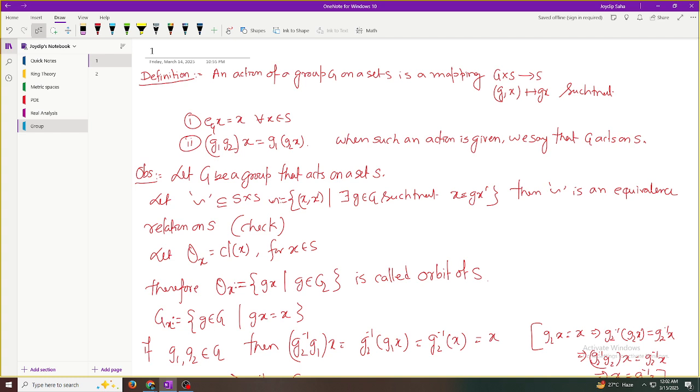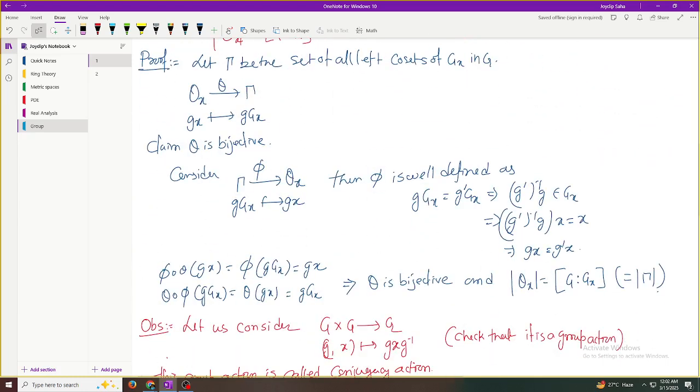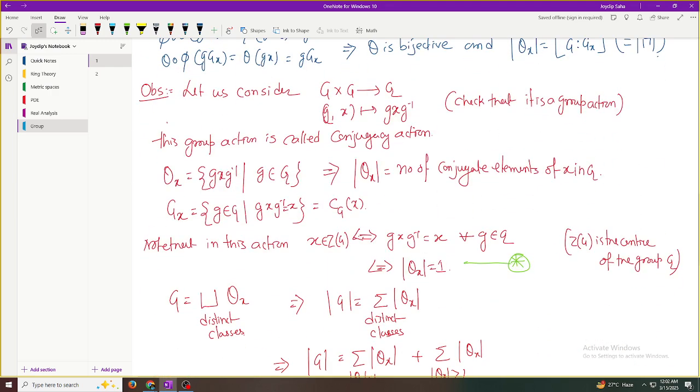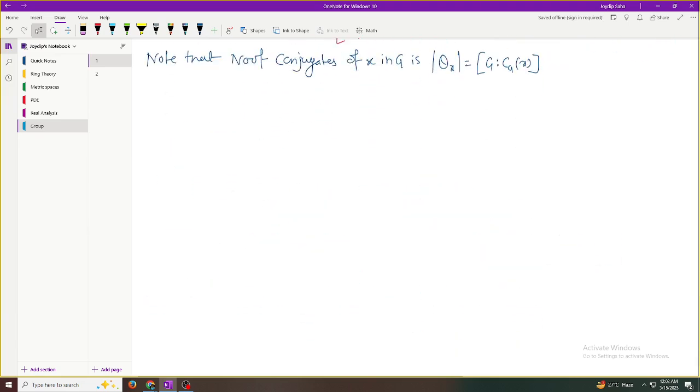So this is an equivalence relation. Then I define the orbit, that is the equivalence class of x, and the stabilizer. Nothing more, and for the rest of them I take various actions and investigate what is the kernel, what is the orbit, what is the stabilizer, etc.